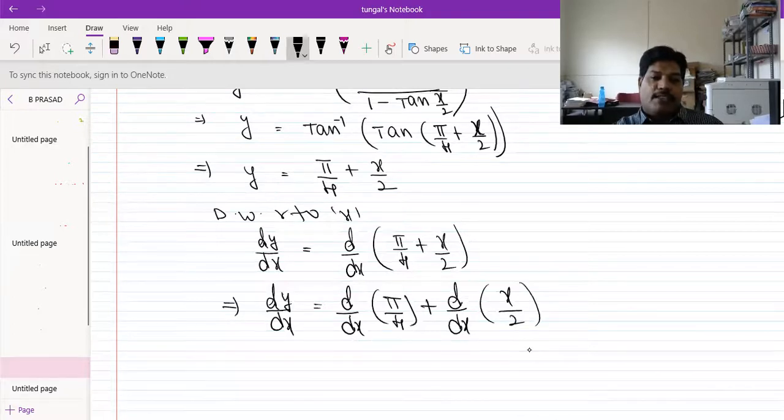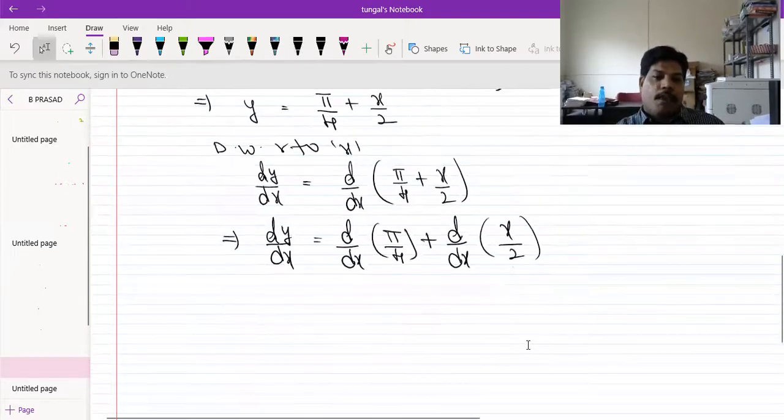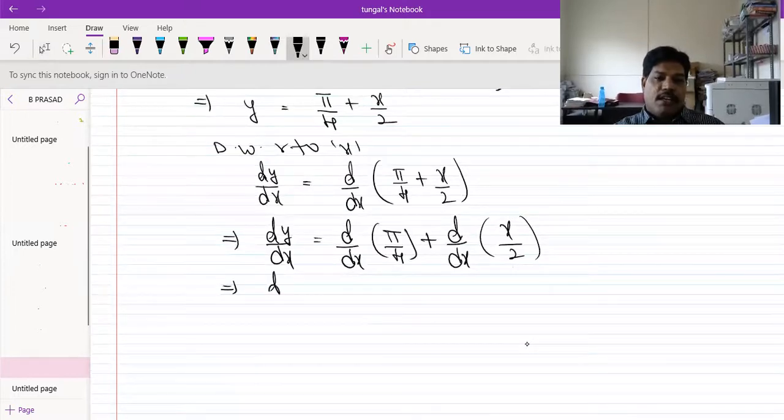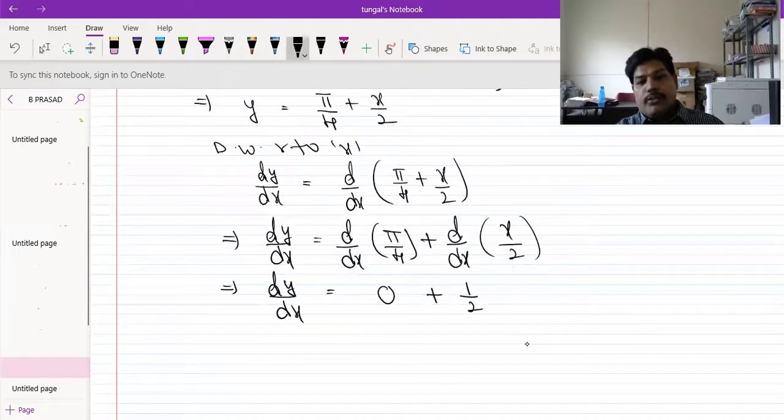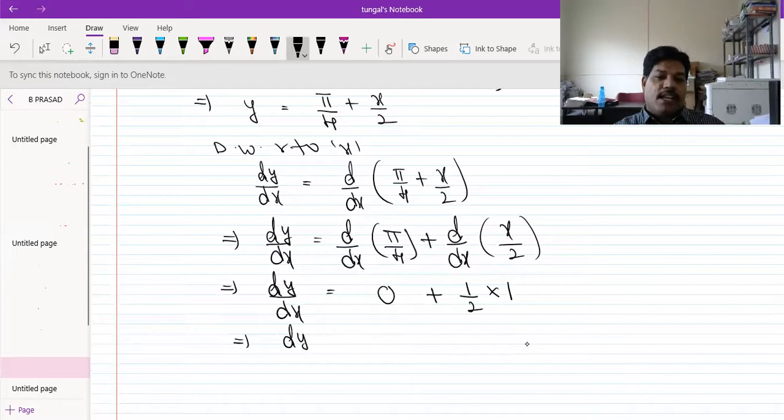The derivative of pi by 4 is 0, plus 1 by 2 into the derivative of x, which is 1. So dy by dx is equal to 1 by 2.